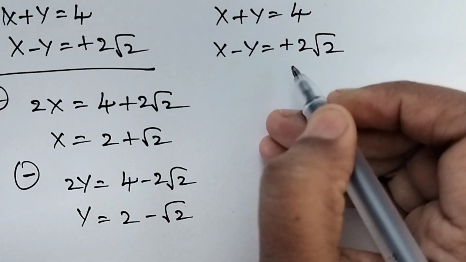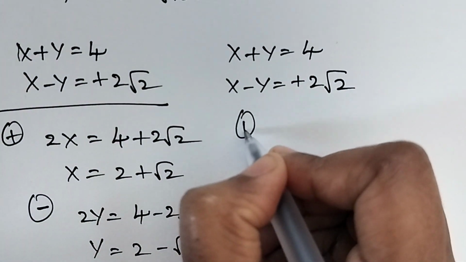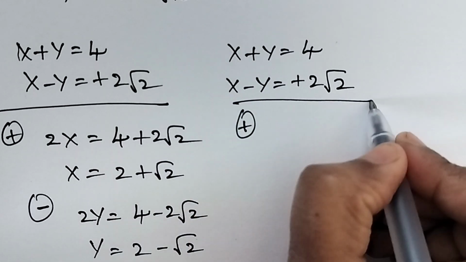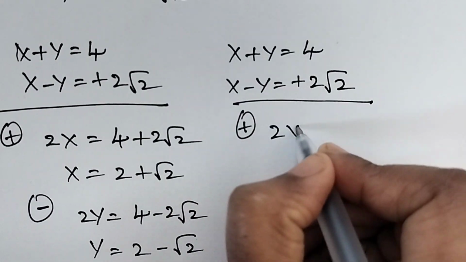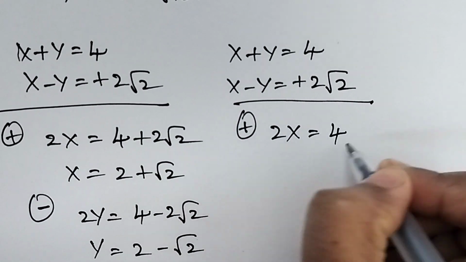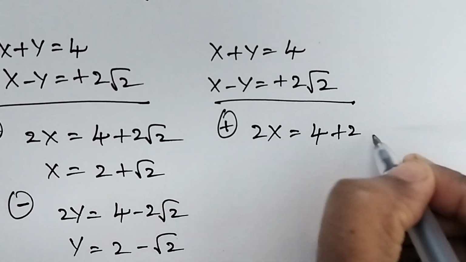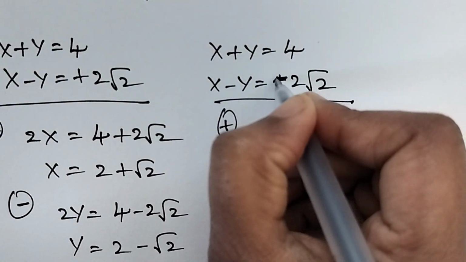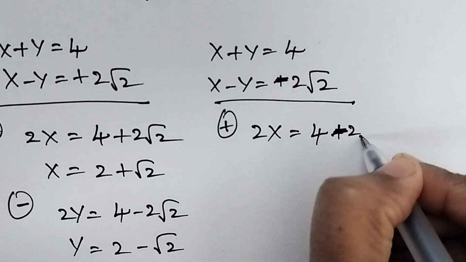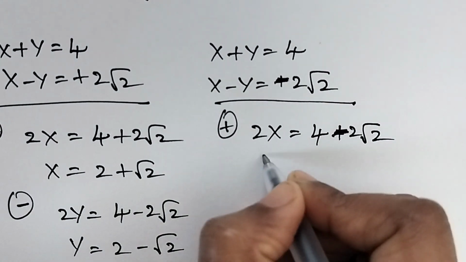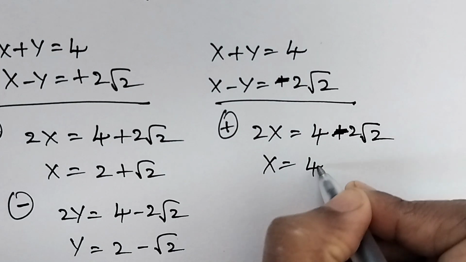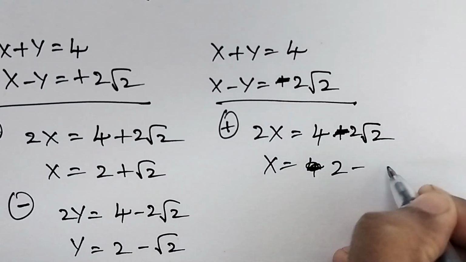And from these equations, if we add, we'll get 2x is equal to 4 minus 2 square root of 2, so x is equal to 2 minus square root of 2.